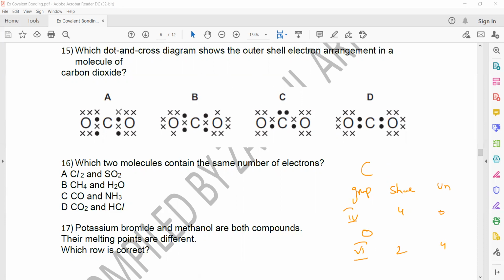So when we check the total number of unshared electrons, when you check option A, these are what we draw in between, these are the shared ones.